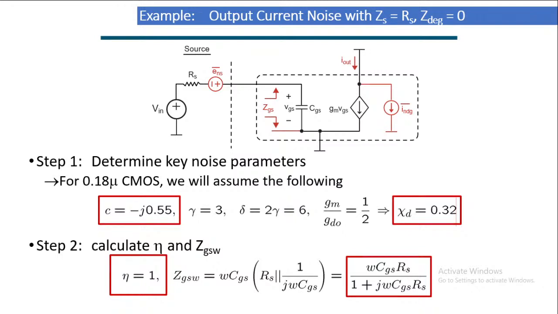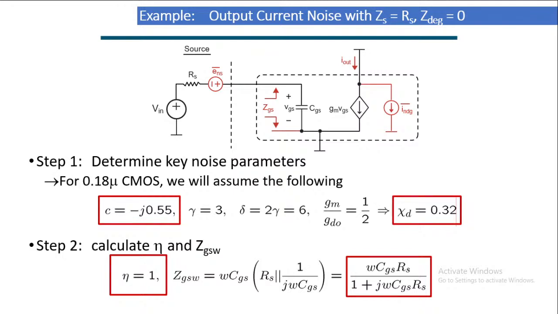ZGSW is equal to 1/(jωCGS) in parallel with Rs, so if you simplify, that is ωCGS Rs divided by 1 plus jωCGS Rs. This is simple algebra you can do.